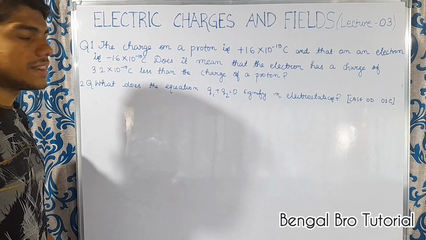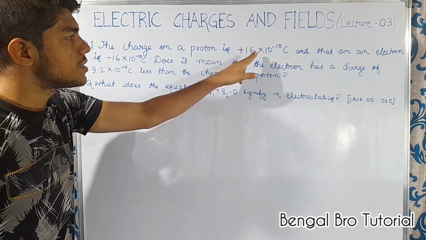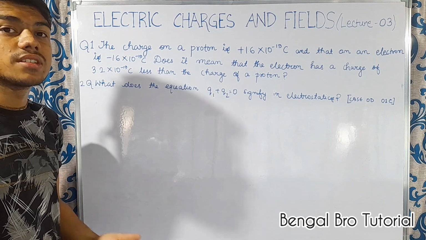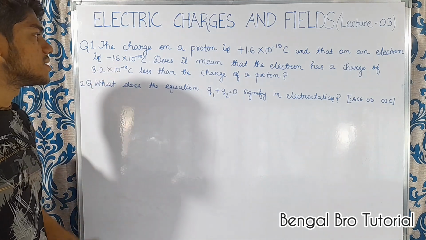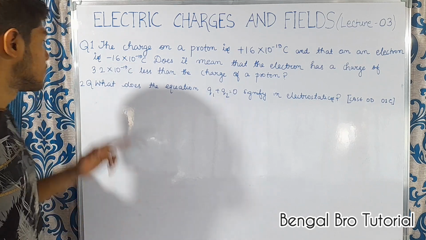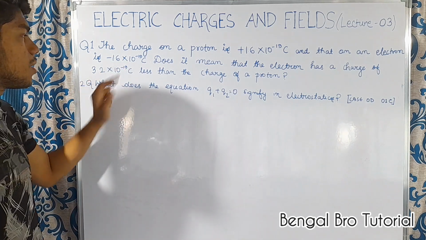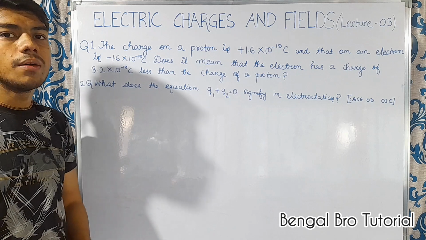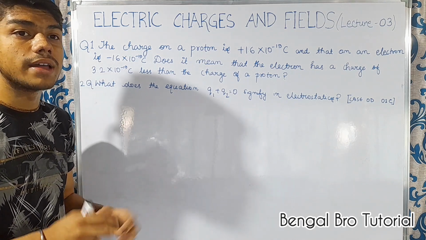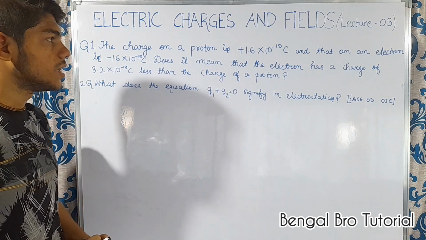See, mathematically, plus 1.6 into 10 to the power minus 19 coulomb is a number which is greater than minus 1.6 into 10 to the power minus 19 coulomb by a difference of 3.2 into 10 to the power minus 19 coulomb. But in the representation of a charge, we cannot look with the mathematical view.